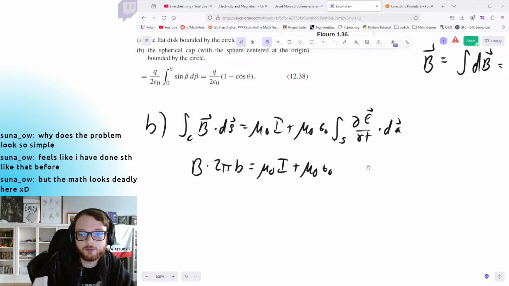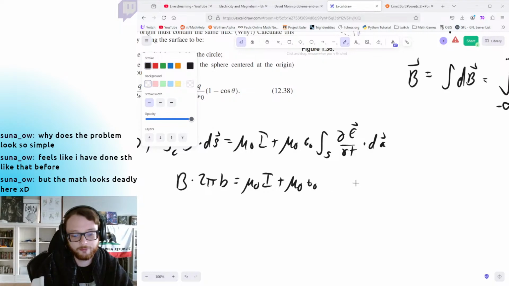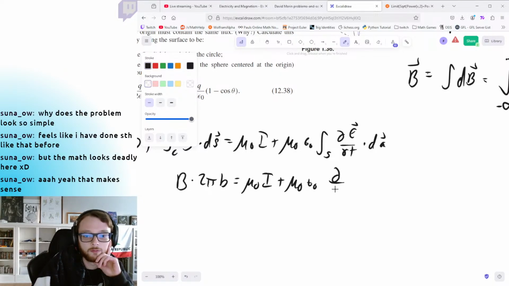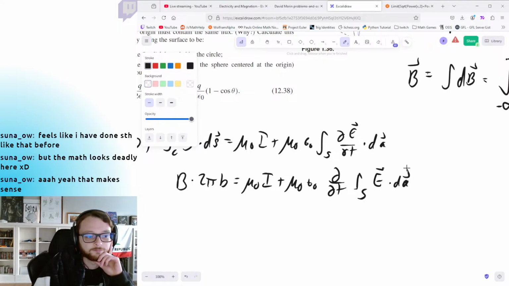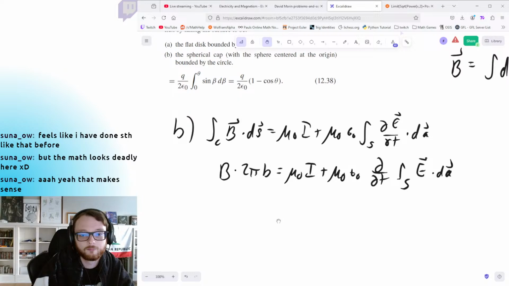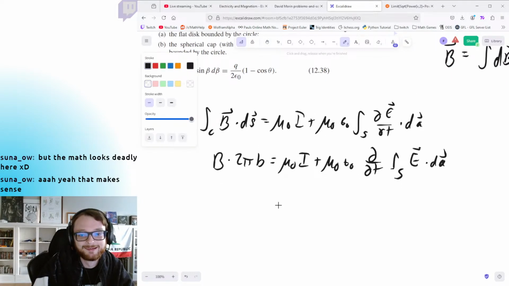Are they going to be sneaky and say that we can take the d by dt out of this? And that's how we get to invoke part 1? Maybe. Or chapter 1? That would save us a lot of work if that's possible. Because I don't know how to do this otherwise.